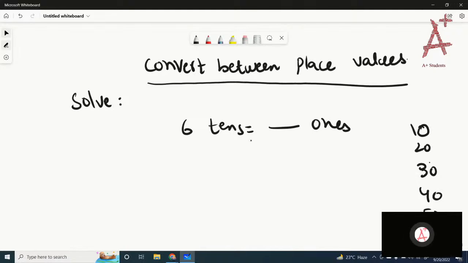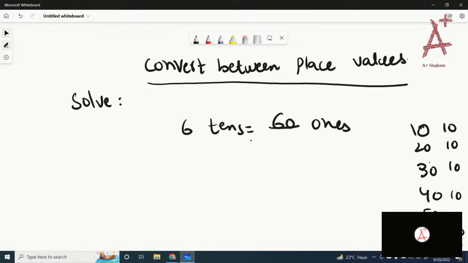In each 10 you have 10 numbers. So 10, 20, 30, 40, 50, and 60. That means in each 10 you have 10 ones. So that means you have 60 ones. Until 6 tens you have 60 ones.